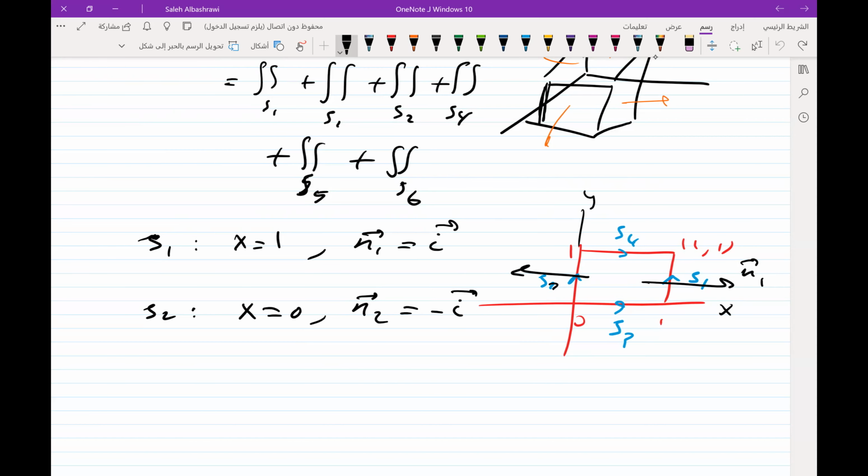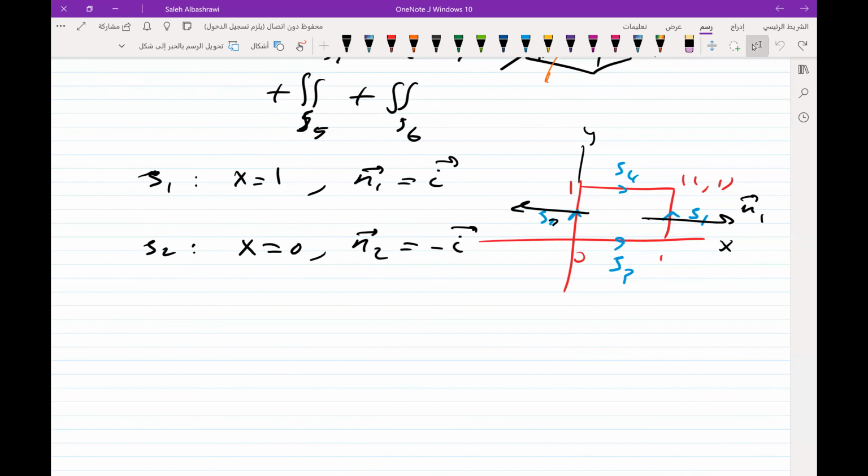For the next one, S3, the equation is y equal to 0. The normal vector will be down, because we are finding the flux out of the square or out of the cube. So N3 is equal to minus j.